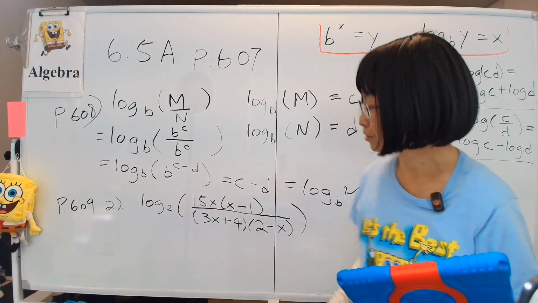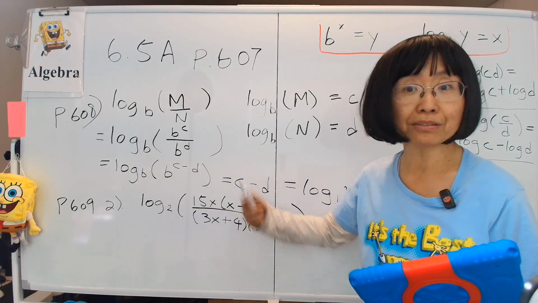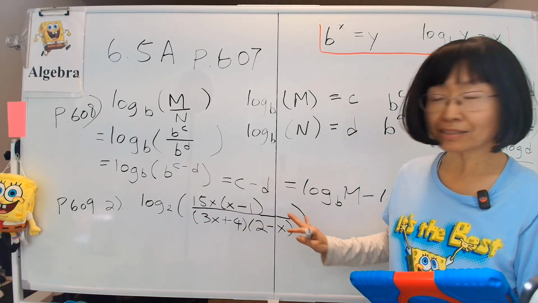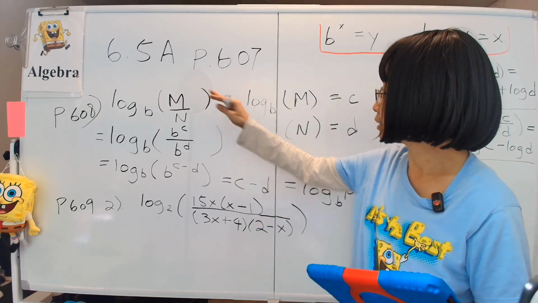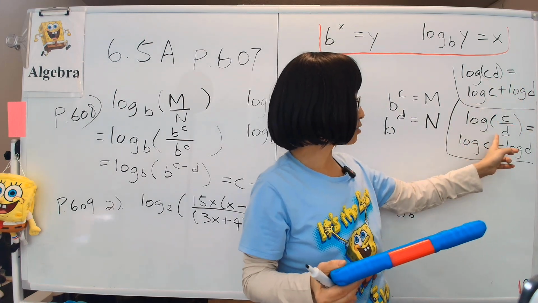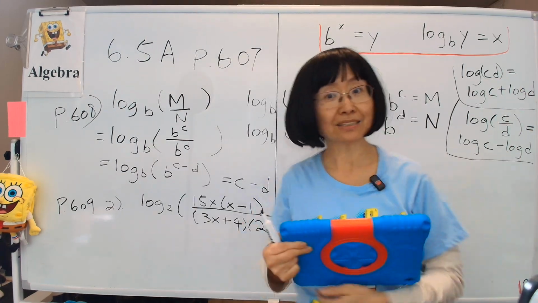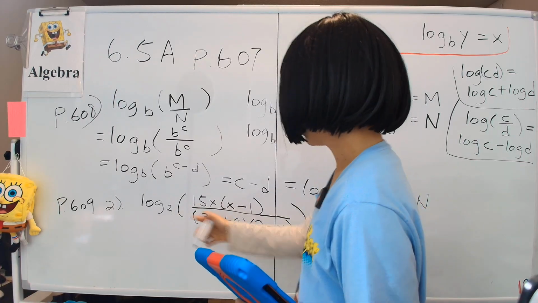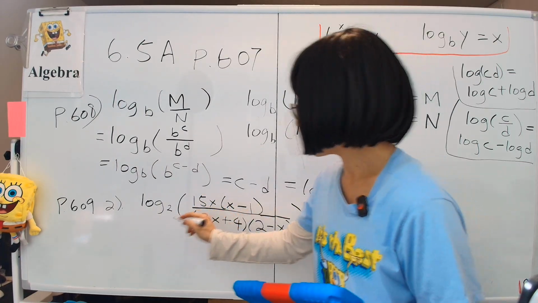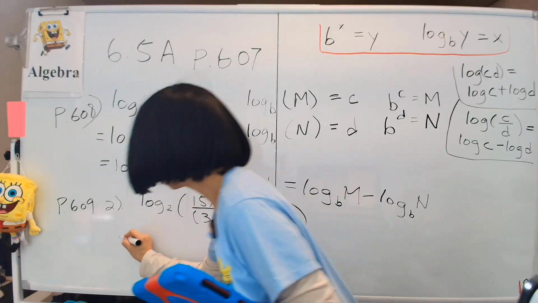It's log base 2. For now, we don't care what base it is, but we'll write it down. So we need to expand this thing with this principle. That is, multiplication translates into addition, and division translates into subtraction. And that's all we have to do. So let's do that. This is multiplication, so we'll write it all out.